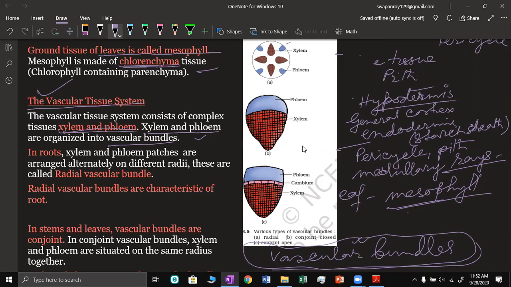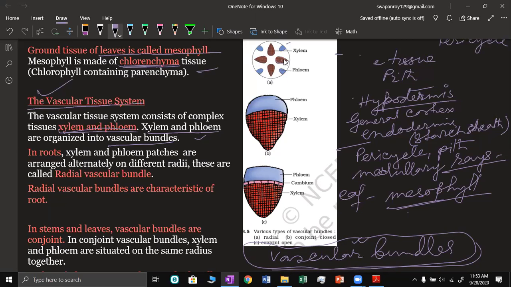The arrangement of xylem and phloem in the root and stem is different. In the root, the xylem and phloem tissues are not found together, but as separate patches, found alternately.